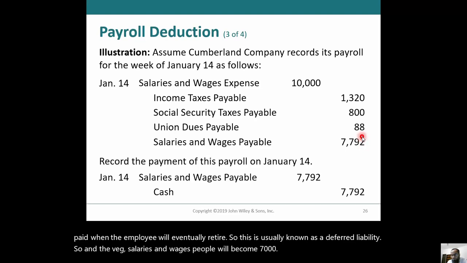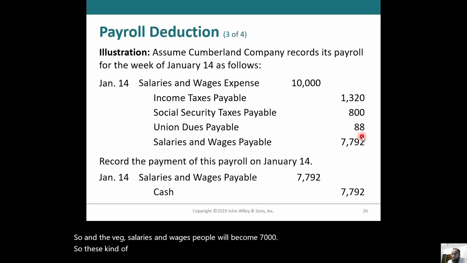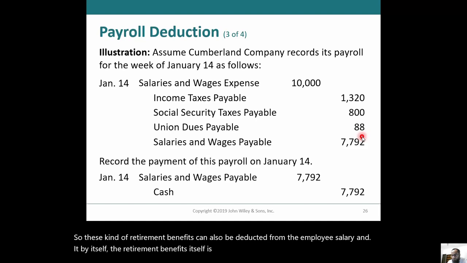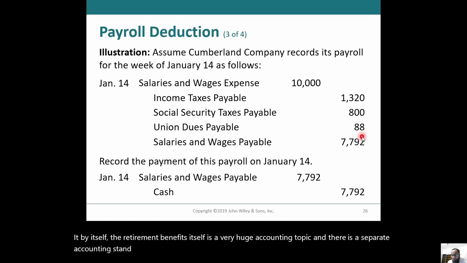So these kinds of retirement benefits can also be deducted from the employee's salary. The retirement benefit itself is a very huge accounting topic, and there is a separate accounting standard dealing with retirement benefits, which is not being discussed here.